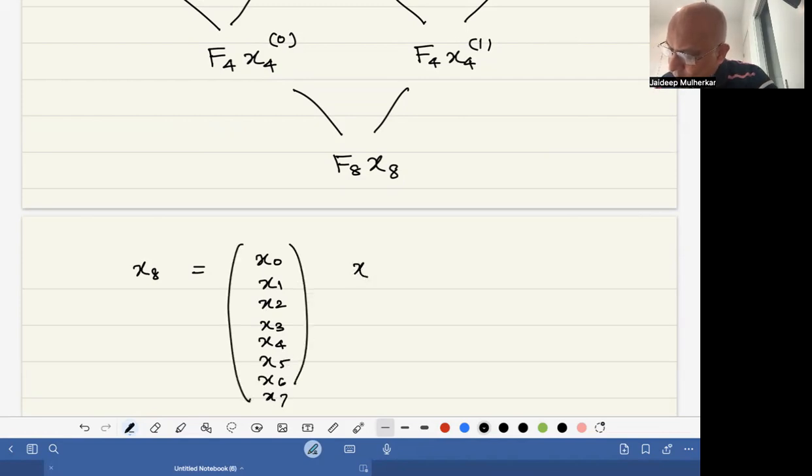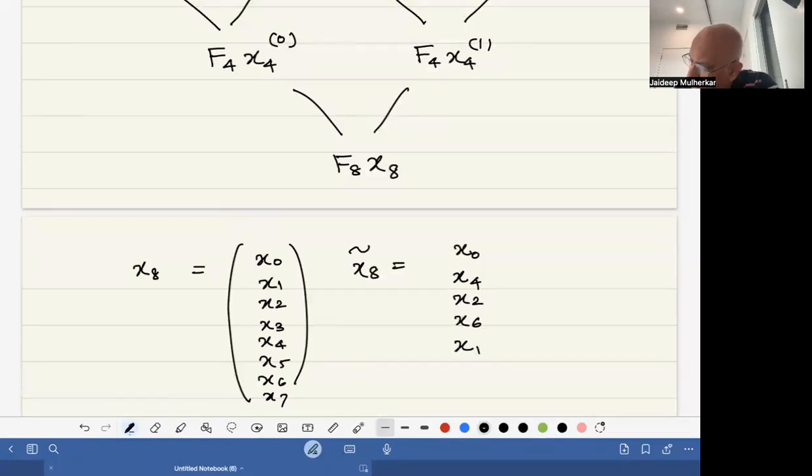Then I'll call this x8 twiddle, which is equal to x0, x4, x2, x6, and x1, x5, x3, x7.